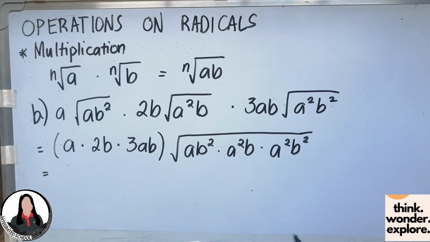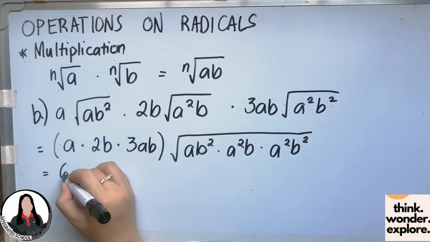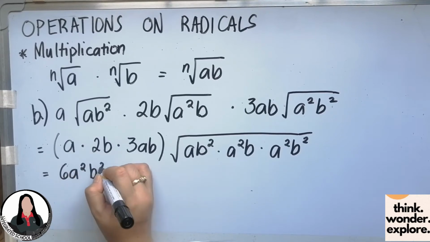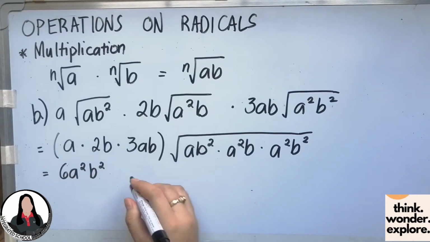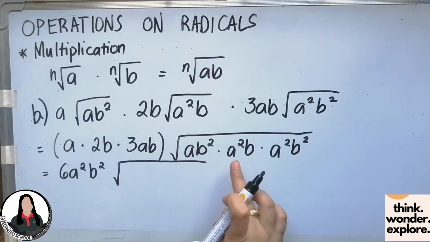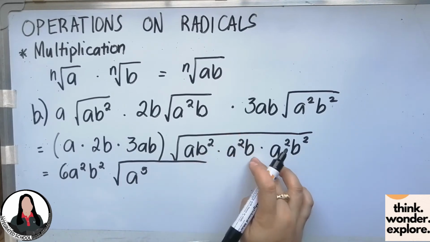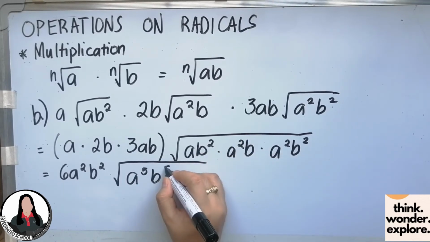Then, let's simplify. A times 2B times 3AB is 6A squared B squared using the product rule. We multiply the values inside the radical expression. We have A times A squared, that's A raised to 5. And B squared times B squared is B raised to 5.